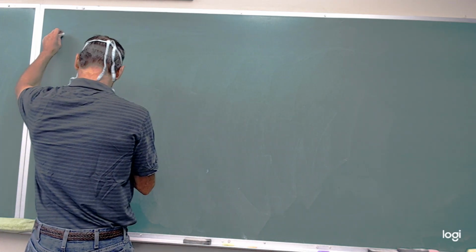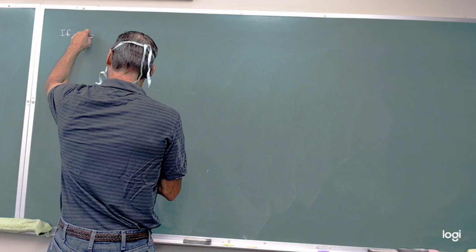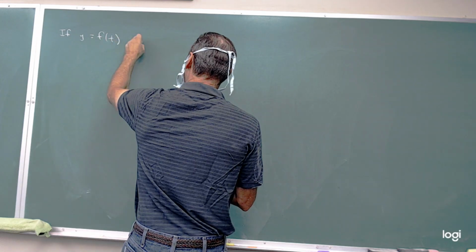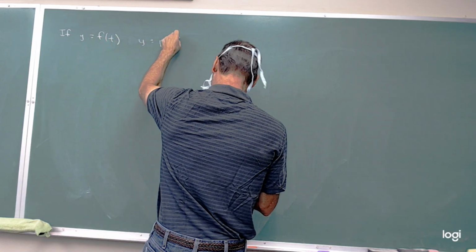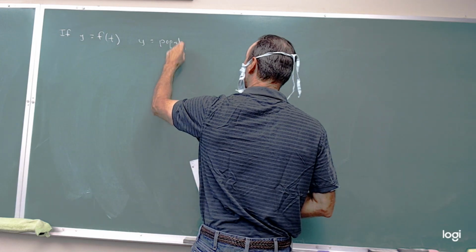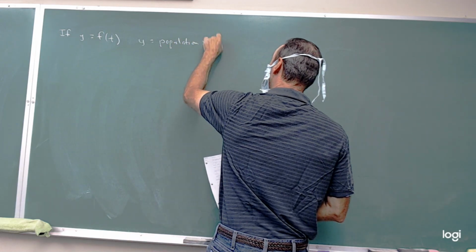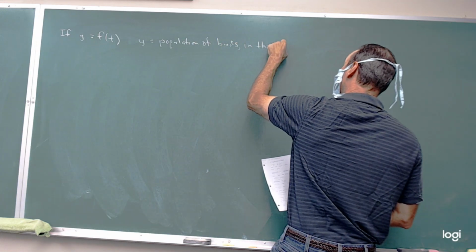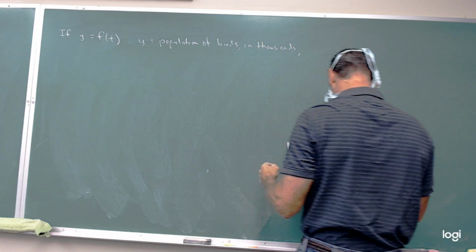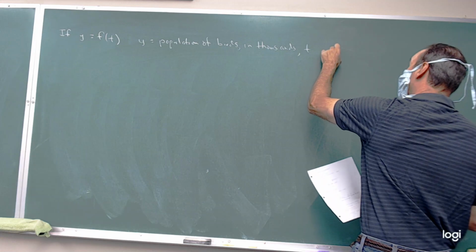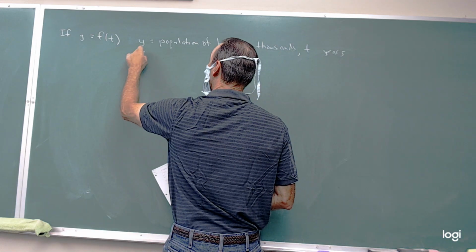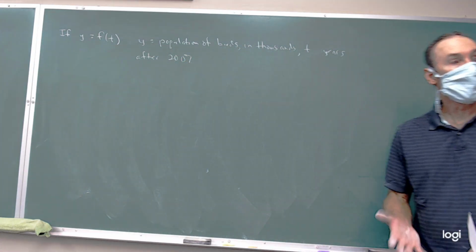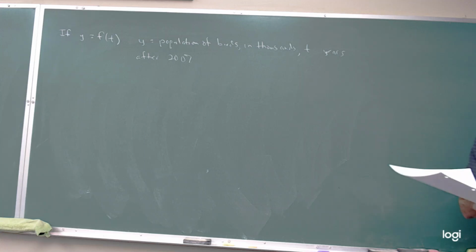So I'm going to say, if y is equal to f of t, where y is the population of birds in thousands, t years after 2007. So now we have established what the meaning of the y is, and also what the meaning of the t is.